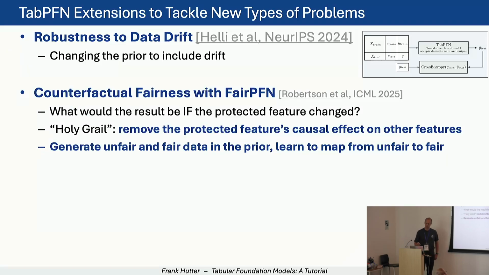Then there's counterfactual reasoning, counterfactual fairness with FairPFN. So there we want to reason about what would the result be if this protected feature here changed. If this person here was, I don't know, male, not female, what would be the probability of them having an accident, for example?